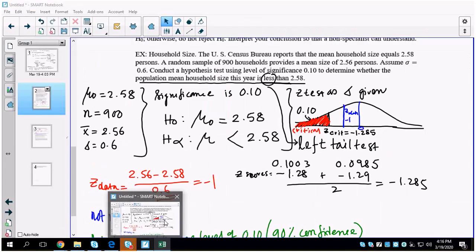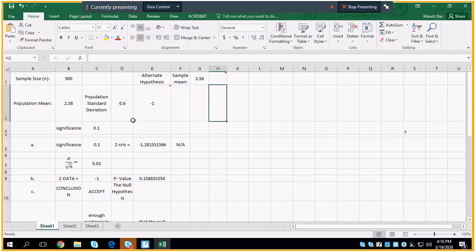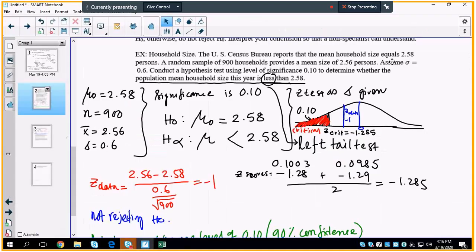And the level of significance was 0.10, which is already there. So we're pretty set. So if I want to compare the information we found out, first we want to understand what will be the z critical value. See, rounded to 2 decimal places, it is -1.28. So I do have -1.28 as my critical value.